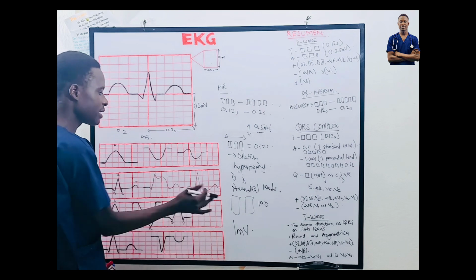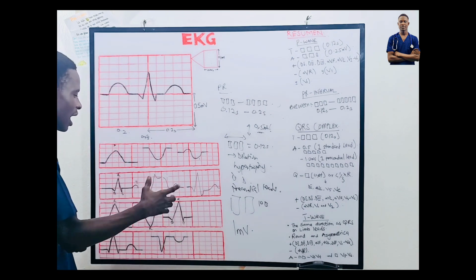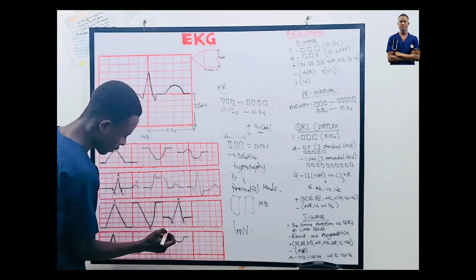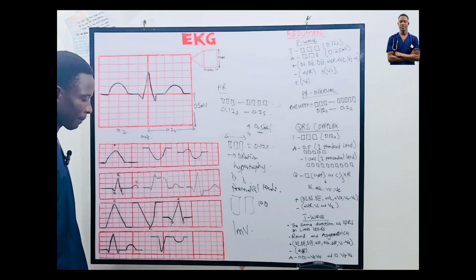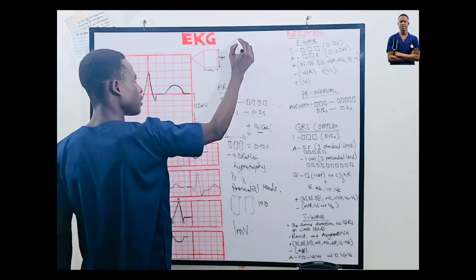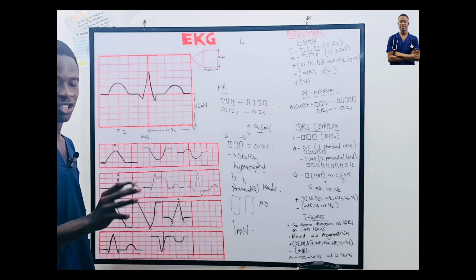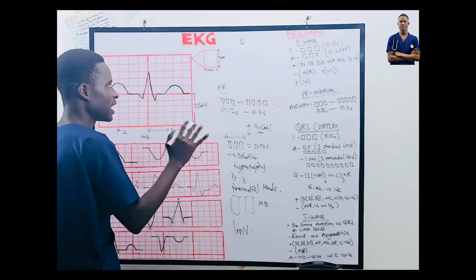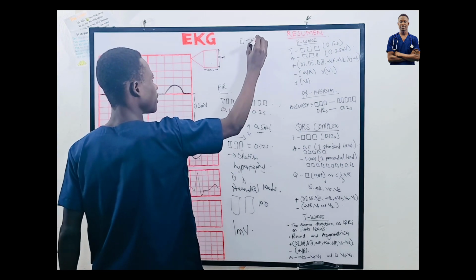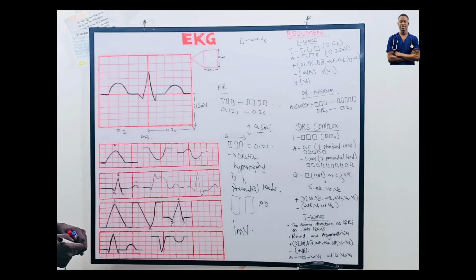So this is basically for the QRS complex. Now, aside from that, let's look at the Q wave over here. The Q wave must also be less than 1 small box, which is 0.04 seconds.